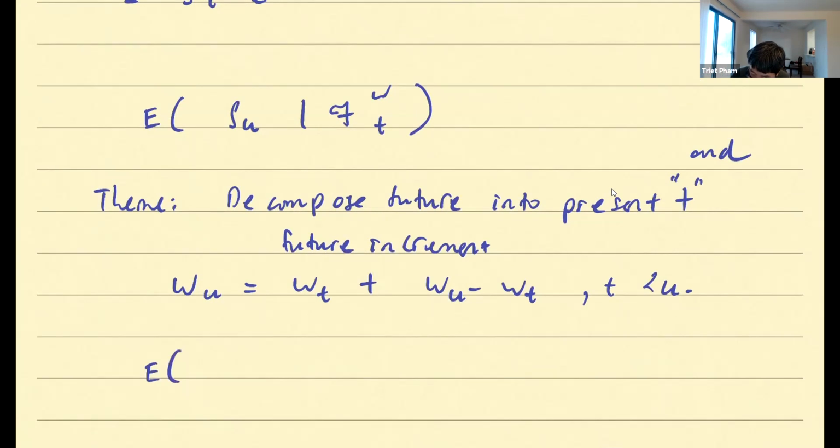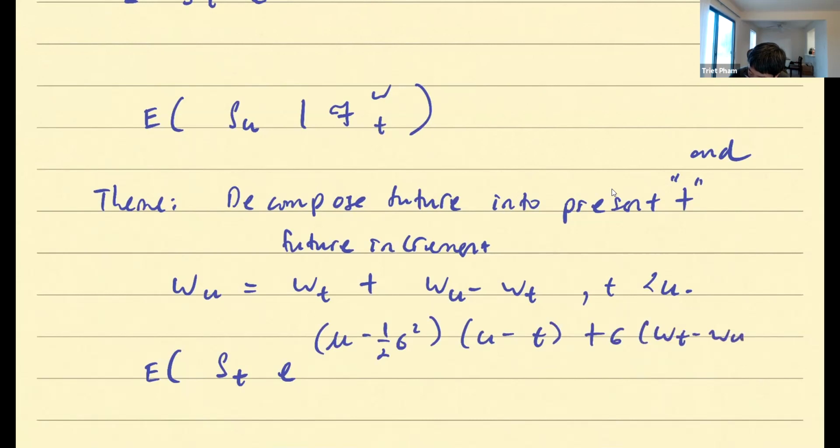Well, S_U is S_T times e to the (mu minus 1/2 sigma squared)(U minus T) plus sigma (W_T minus W_U). Does that make sense? So this is the present.